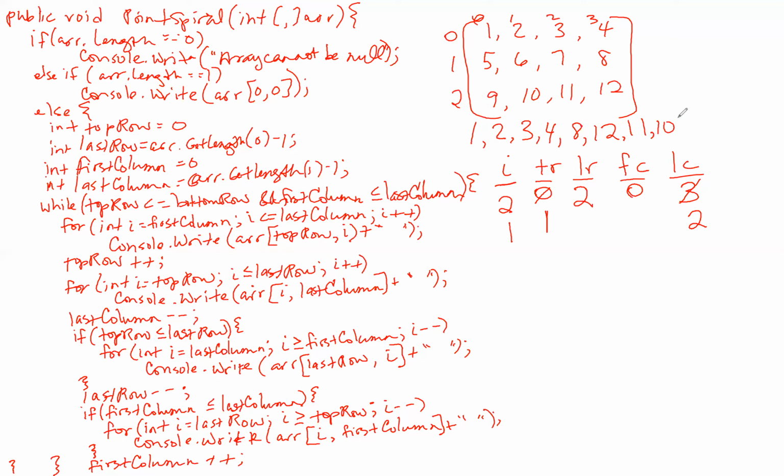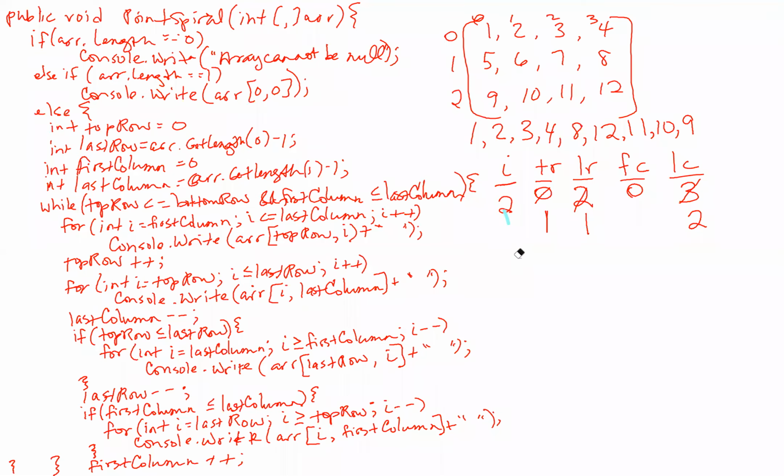And we do I minus minus, and I becomes 0. 0 is greater than or equal to the first column. So we go in and we look at last row, which is still 2, and we go to I, which is 0, so we print the 9. Okay, and then we go in and last row minus minus. So 2 becomes 1.